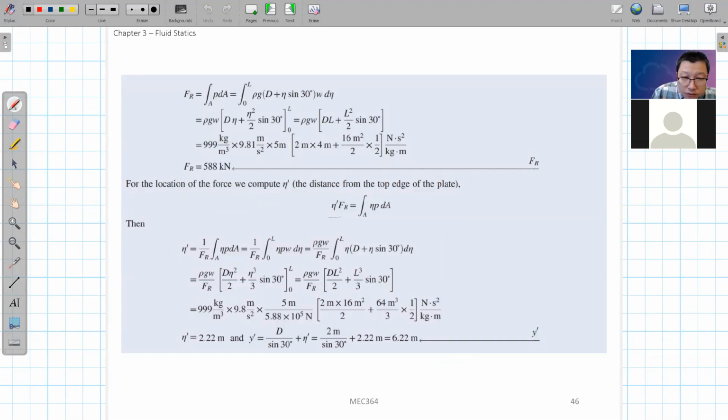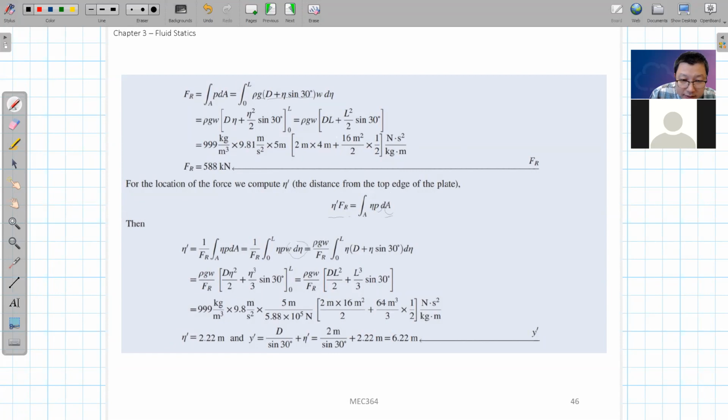So let's do each one. For the y direction, the eta direction, we know the FR value already, and p is replaced with d plus eta sin 30 degrees times rho g. We also know that dA equals w times d eta.